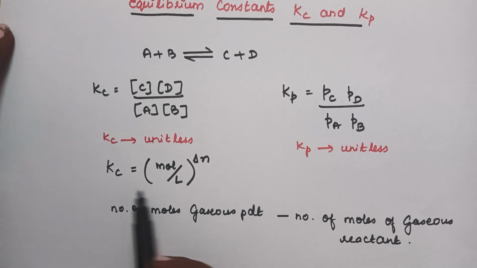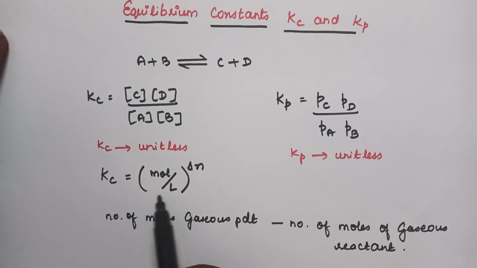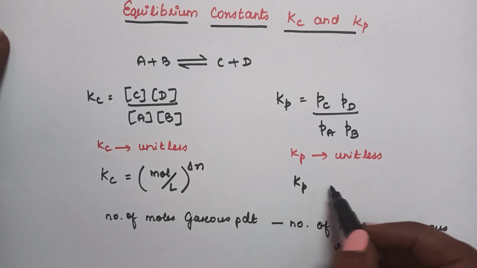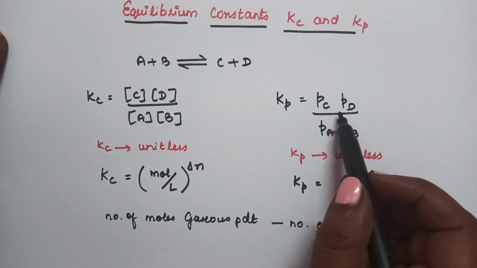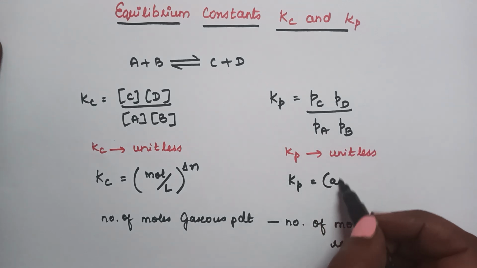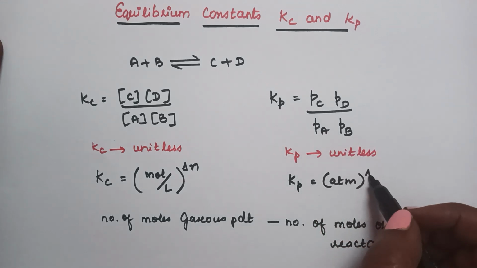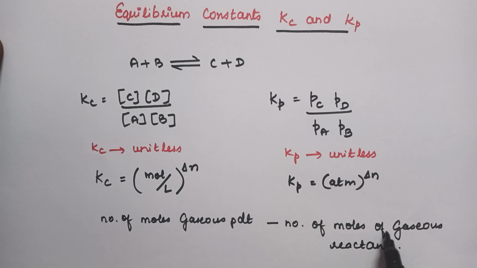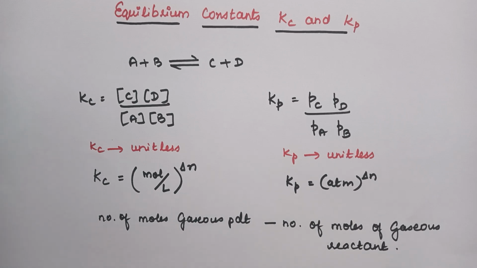You can use this general formula to write the unit. Similarly for Kp, pressure will be in atmosphere, so write atmosphere to the power of delta n. Delta n is again the number of moles of gaseous product minus the number of moles of gaseous reactants.